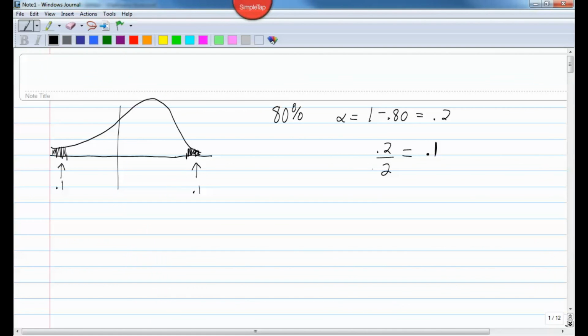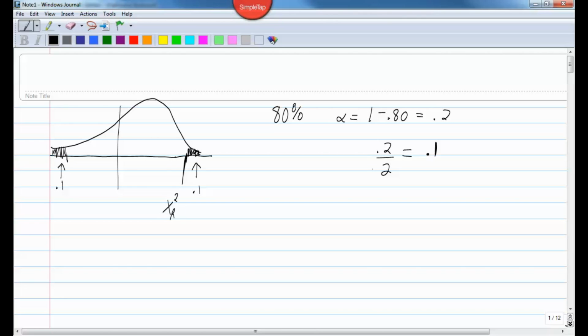That means that if I want to know the critical number, this is going to be on the right side. So this is my chi squared sub R. If I want to know this critical value, the area to the right of that is 0.1. So I want to look in the column for 0.1. That will give me my chi squared sub R.